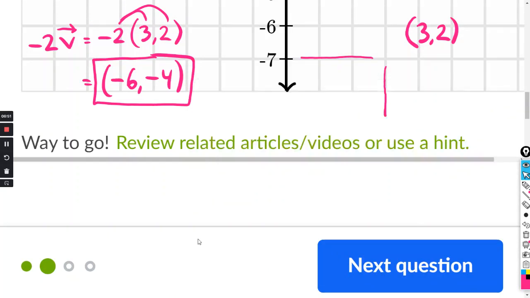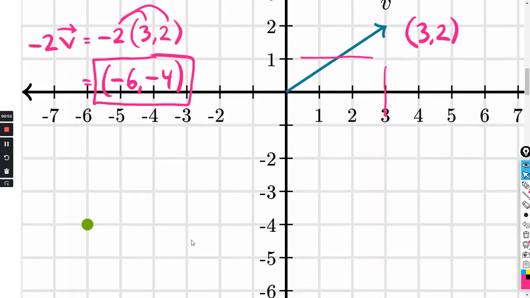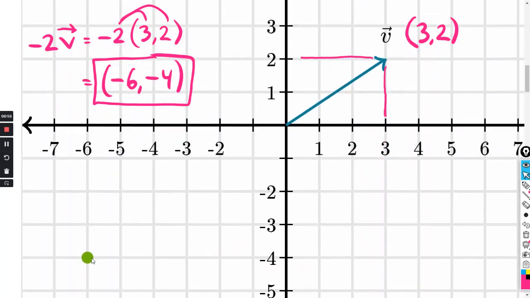Really, they should have said terminal point, because the endpoint is supposed to be where it starts, and this is actually the terminal point. So notice it's in the exact opposite direction because it's negative, and it's 2 times as long because it's times negative 2. So there you go.